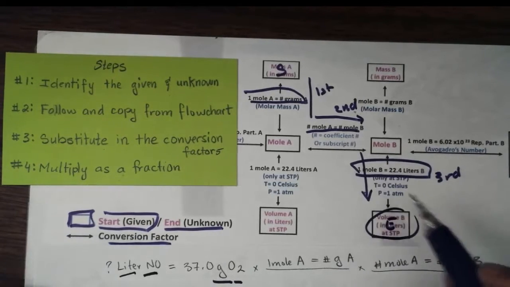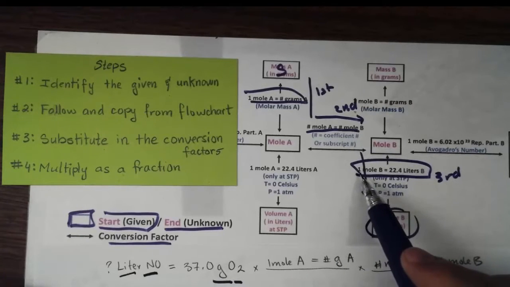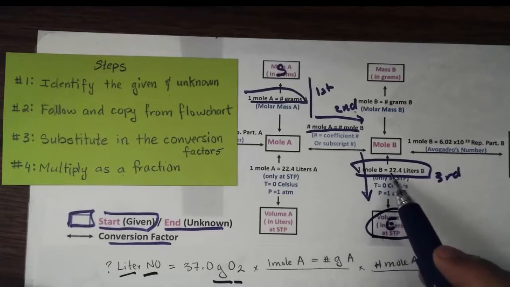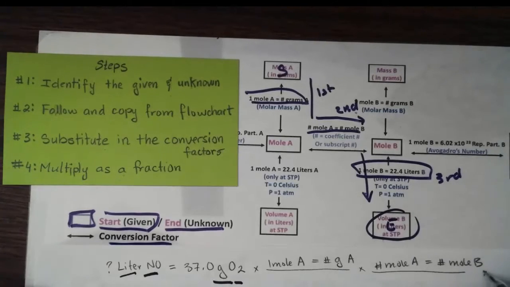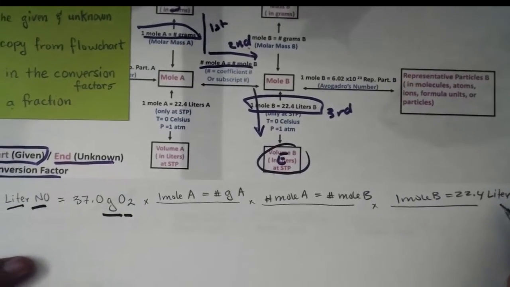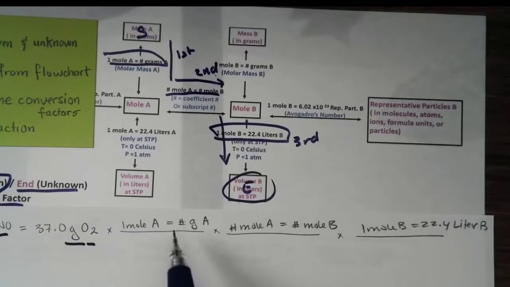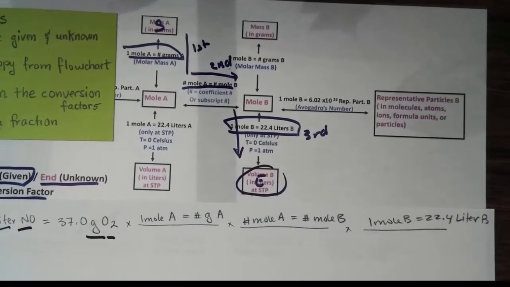Now we're going down. Lastly, we have the last conversion factor, 1 mole of B equal to 22.4 liters of B. So this is the last part of step 2. That is, we copy directly from the flowchart.